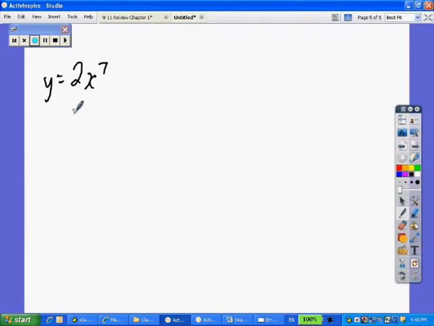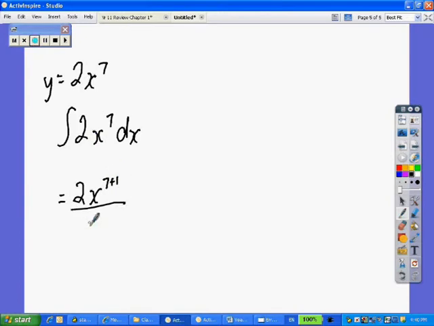To antidifferentiate, or to find the integral, we use our nice squiggly symbol here: the integral of 2x^7 dx. Now I'm going to apply that n plus 1, divided by n plus 1. So I've got 2x to the power of 7 plus 1, all divided by 7 plus 1.